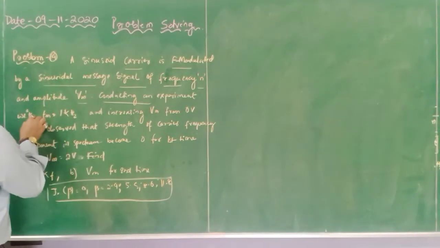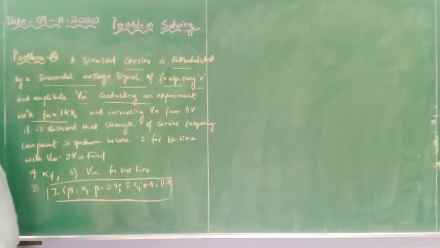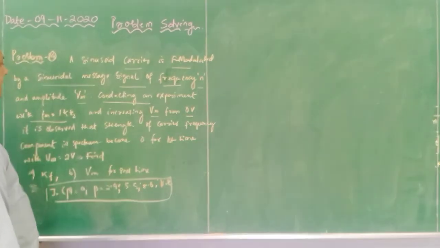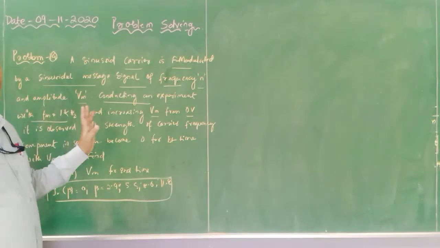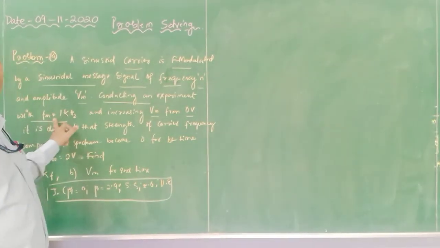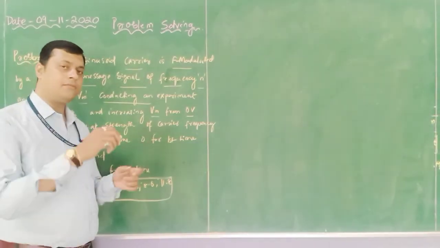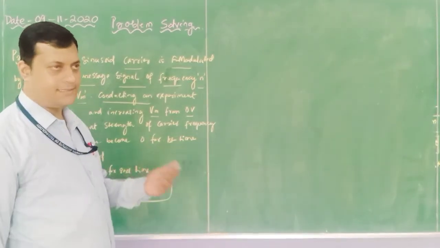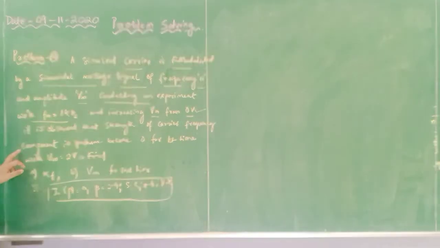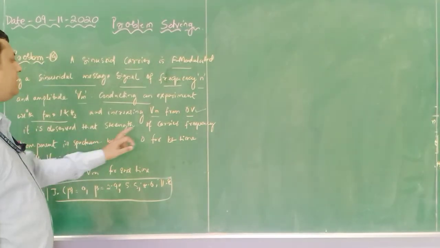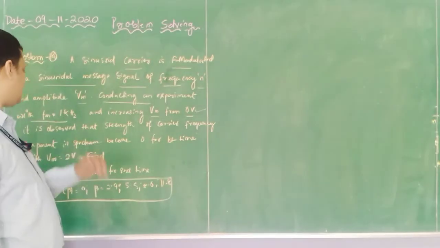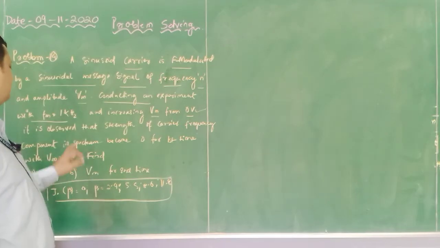Considering an experiment with fm equal to 1 kHz and Vm increasing from 0 to 2 volt. So when I supply a particular modulating signal to a modulator, its frequency is 1 kHz, and the initial amplitude when I start increasing is 0 volt.